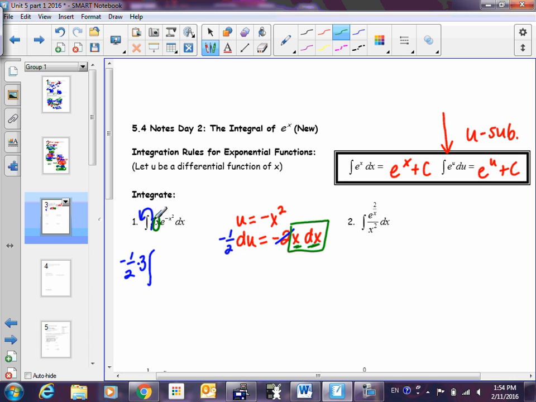And it is. There's an x right here and a dx right here. I am going to take out the x and the dx, and in its place, I am going to put the negative 1/2 du. All right, I've already put the negative 1/2 in. The du we know always goes at the end. So then what was left? E to the u.